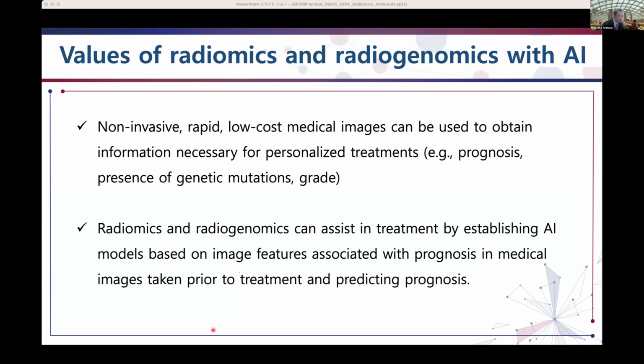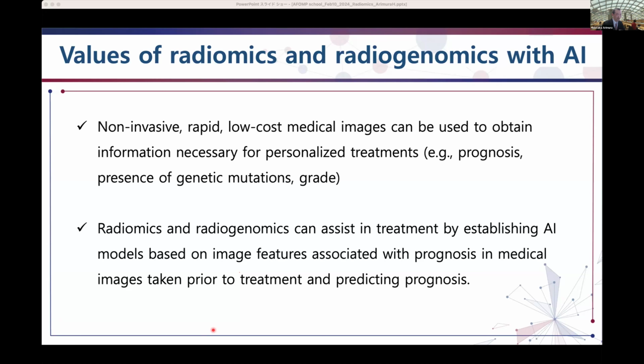Yeah, but I think the problem is that medical doctors hesitate to predict cancer features, cancer prognosis, using commercial software.